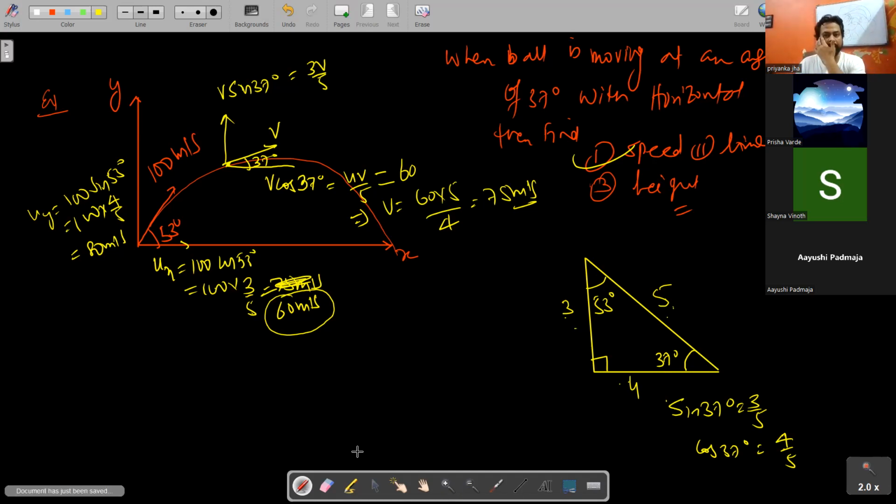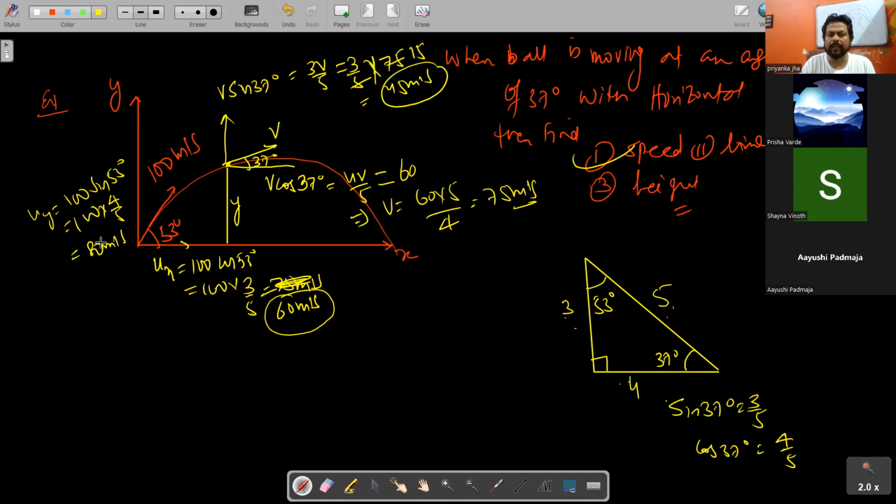Okay, fine. Now let's see the second point, time, and then height. This distance at any time, suppose this is the height. How do you find time? Now you can see you have found the speed v. So let's put here 3 by 5 into v. Speed at this point is 75 meter per second, so this is 45 meter per second.